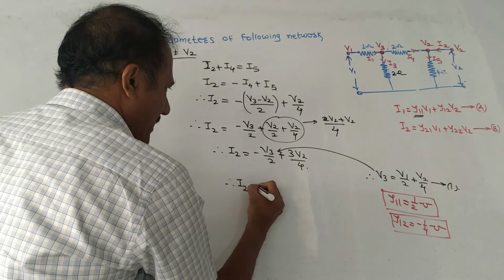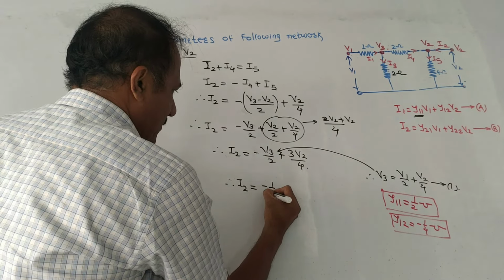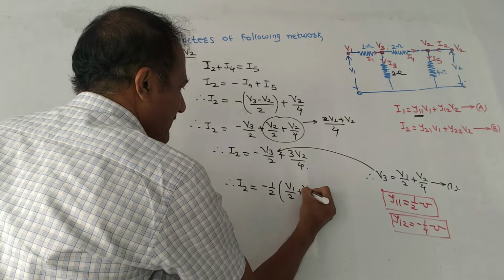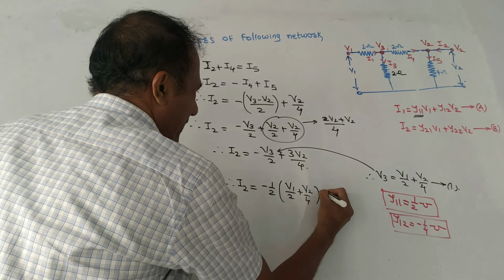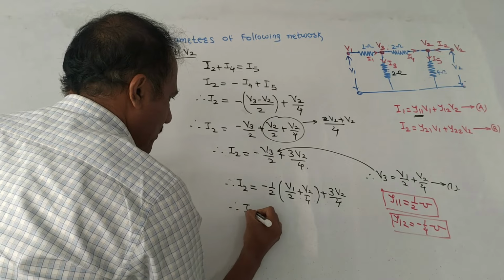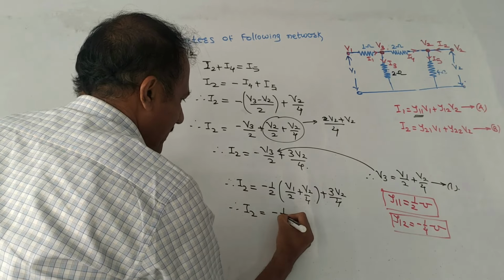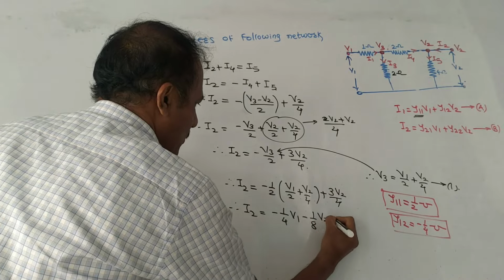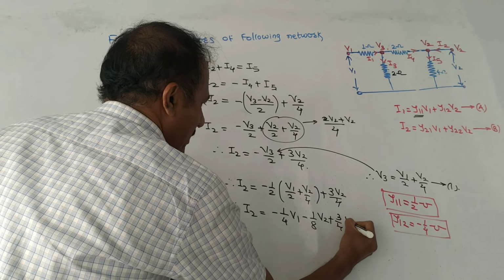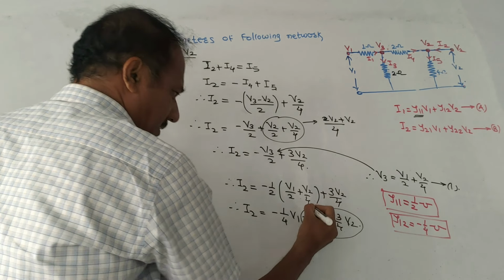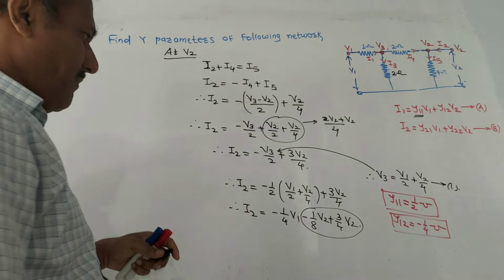Therefore, I2 can be written as minus 1/2 inside the bracket V1 by 2 plus V2 by 4, plus 3V2 by 4. Therefore, I2 becomes minus 1 by 4 V1 minus 1 by 8 V2 plus 3 by 4 V2. These two terms can be combined by taking LCM.